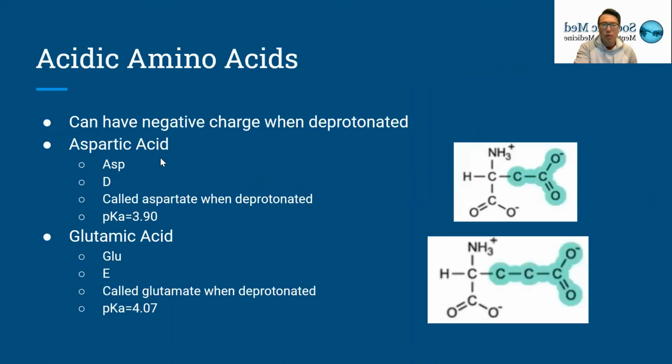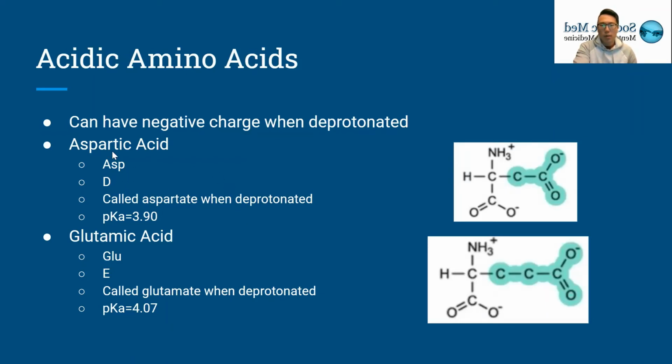And then, acidic amino acids are one group of amino acids where the R group can protonate or deprotonate based on pH changes. When the side chain is deprotonated, it can have a negative charge.